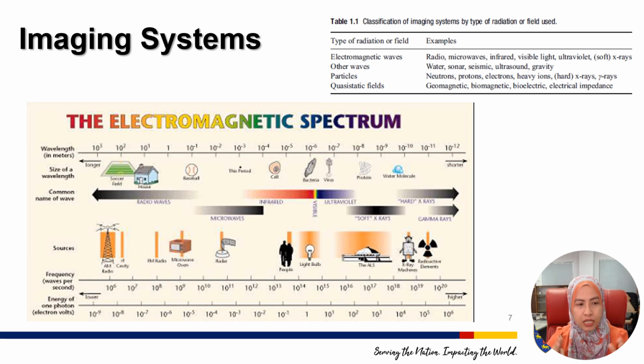Okay, so this is the range of the electromagnetic spectrum. Some of it we cannot see, some of it we can capture, and some of it is available to our naked eyes. If you look here, these are the cells, the bacteria and viruses. The bacteria, viruses and smaller cells, we can't really see with our naked eyes.